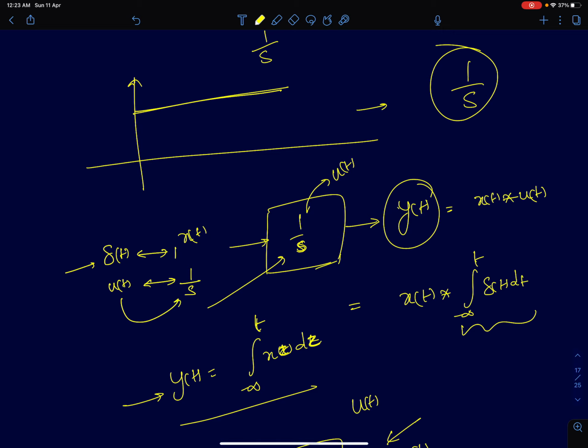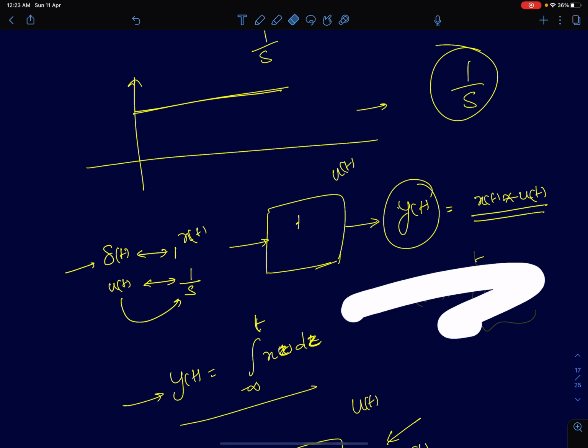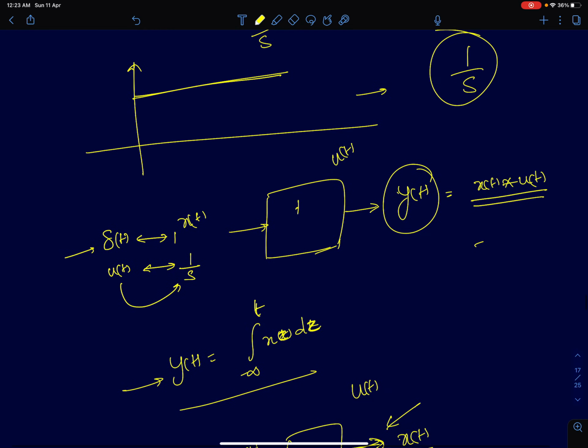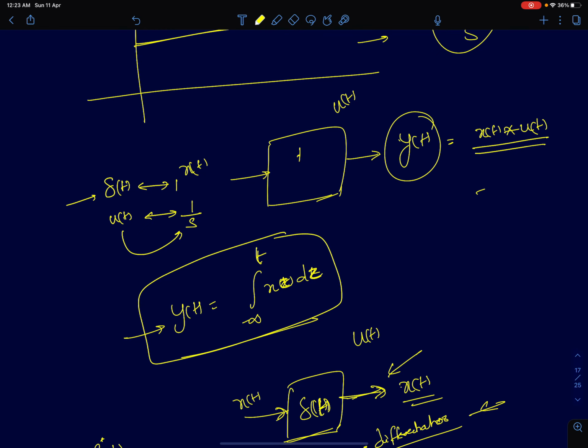So the impulse response of a system with transfer function 1/s is u(t). If you convolve x(t) with u(t), you can readily show that this is an integrator. The output y(t) is the integral from minus infinity to t of x(tau) d tau. This system with a pole at DC, s equal to 0, is an integrator.